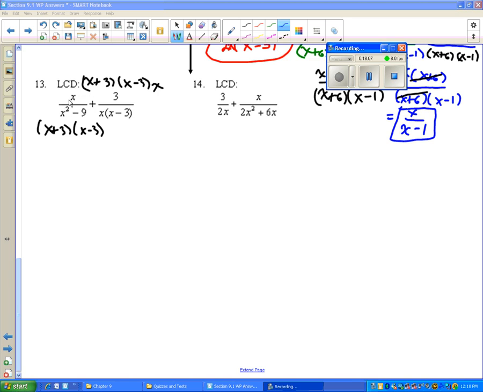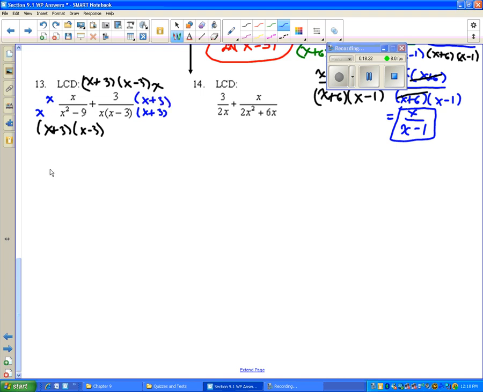In this denominator, I am missing the x, so I have to multiply the top by x. Here I'm missing the x plus 3, so I have to multiply the top by x plus 3.